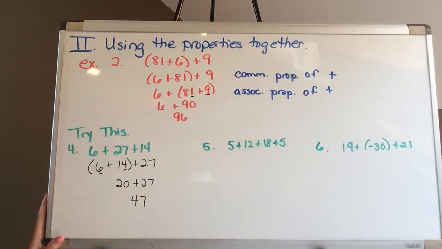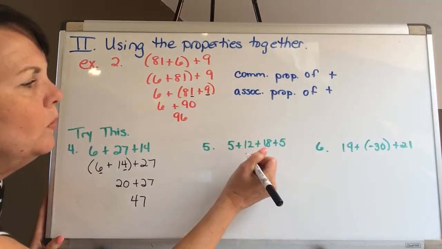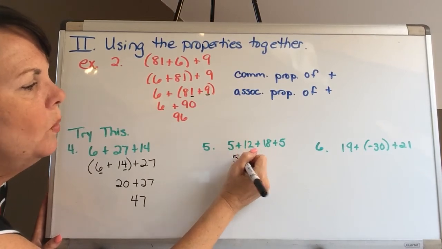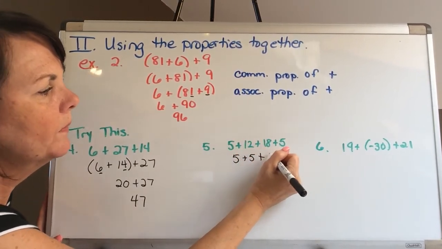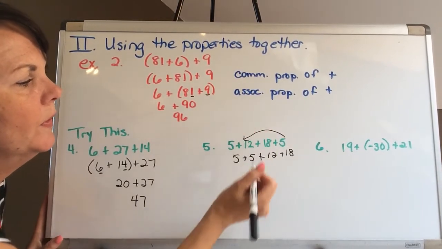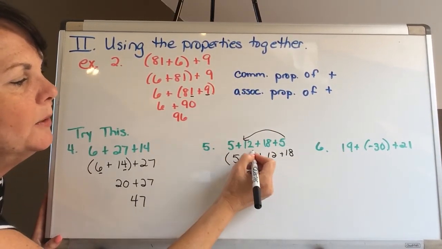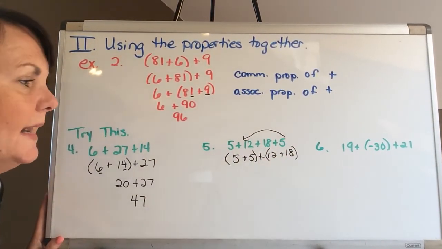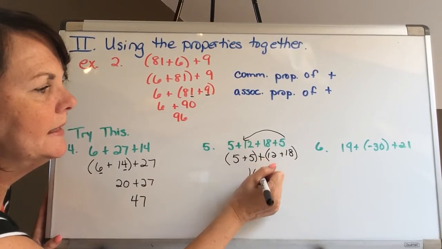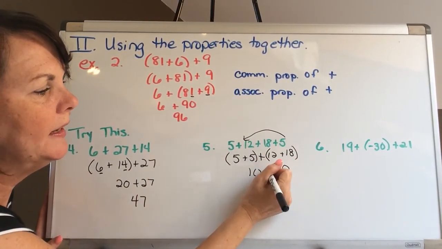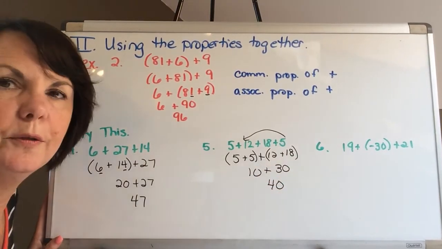Look at number 5. 5 plus 12 plus 18 plus 5. Well, I want to change the order here. I am bringing this 5 over there. And now, that's the commutative property. Now I'm going to group them like this. They fit nicely. 5 and 5 is 10. 12 and 18 is 30. And that gives me 40.